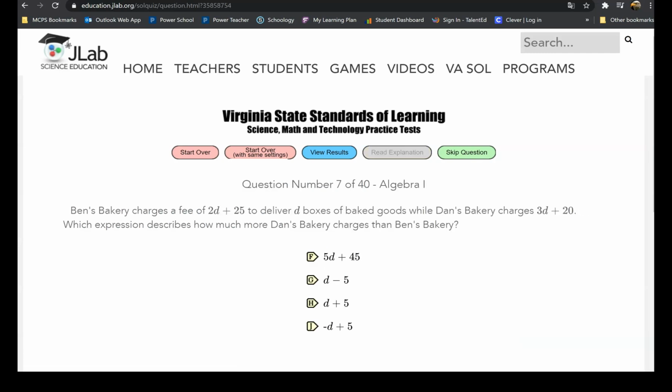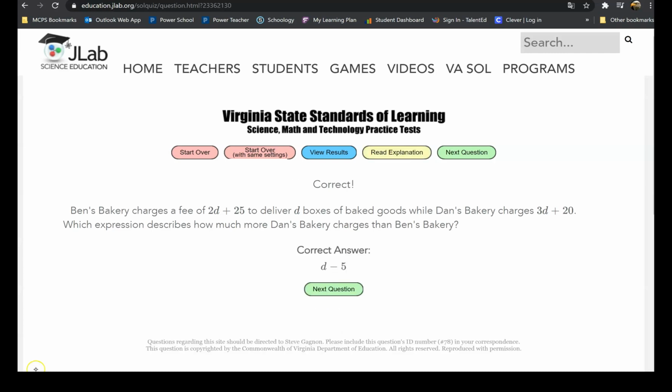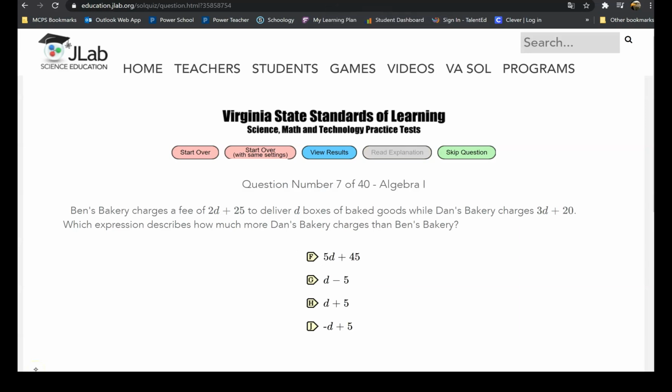Ben's Bakery charges a fee of $2D plus 25 to deliver D boxes of baked goods, while Dan's Bakery charges $3D plus 20. Which expression describes how much more Dan's Bakery charges than Ben's Bakery? Let's find out. Alright.